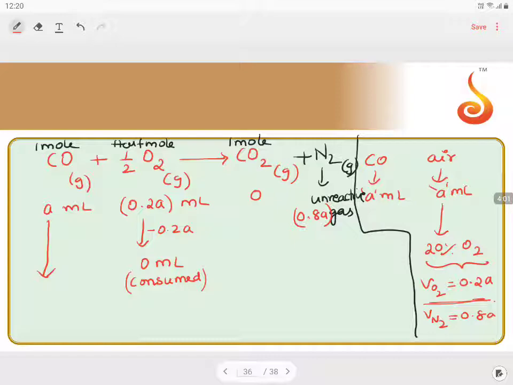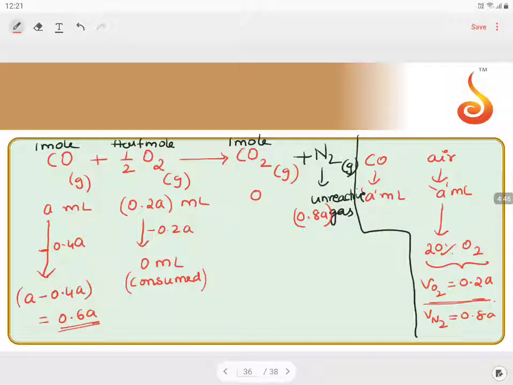That means the volume of carbon monoxide reacting is 2 times the oxygen volume. So they are in a 2:1 ratio. What is 2 times 0.2? 0.4. This much has to go out from A. So A minus 0.4 A will be left out, which is equal to 0.6 A.